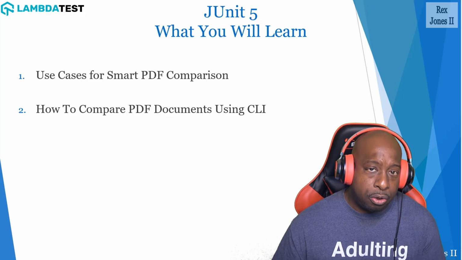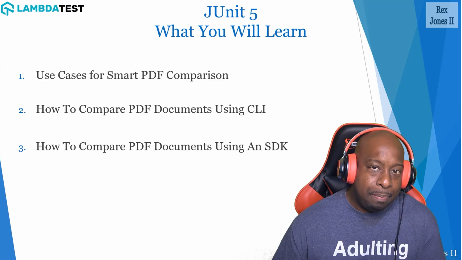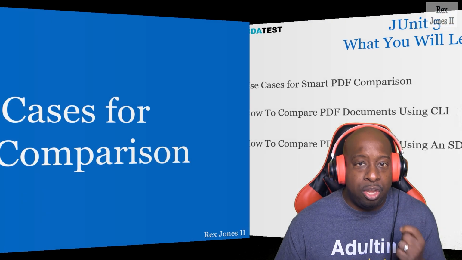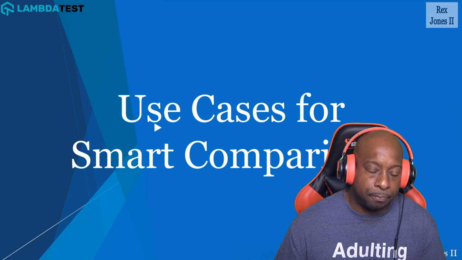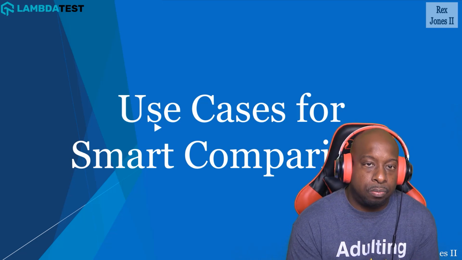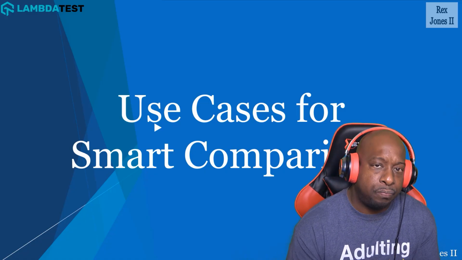You will also learn how to compare a PDF document using an SDK. I will start with use cases for smart comparison. A financial report is a great use case when you need to stop wasting time digging for details.